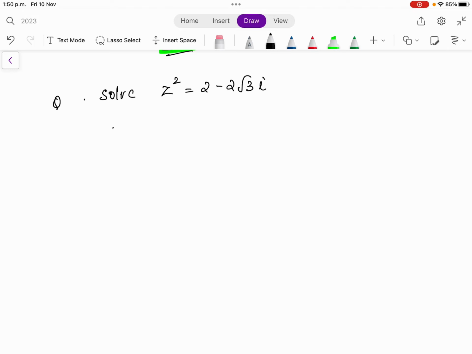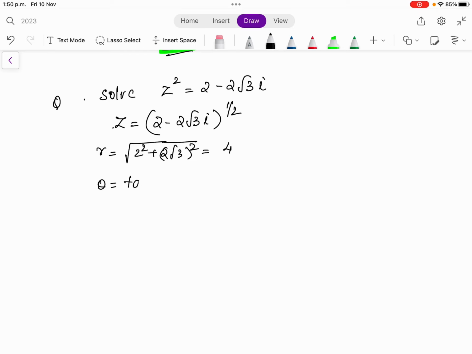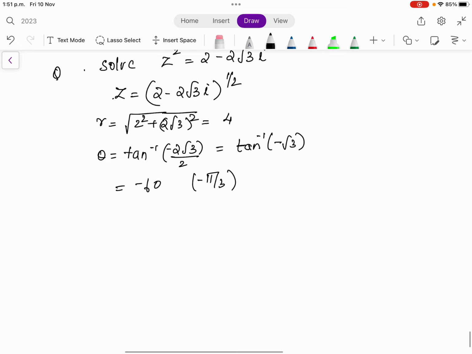So first you will write z is equal to (2 minus 2 root 3 i) to the power of 1 over 2, and then you will write it in the polar form, where r will be equal to square root of 2 squared plus (2 root 3) squared, which is equal to 4, and theta is equal to tan inverse of minus 2 root 3 by 2, which is equal to tan inverse of minus root 3, which is equal to minus 60 degrees or minus pi by 3 in radians.